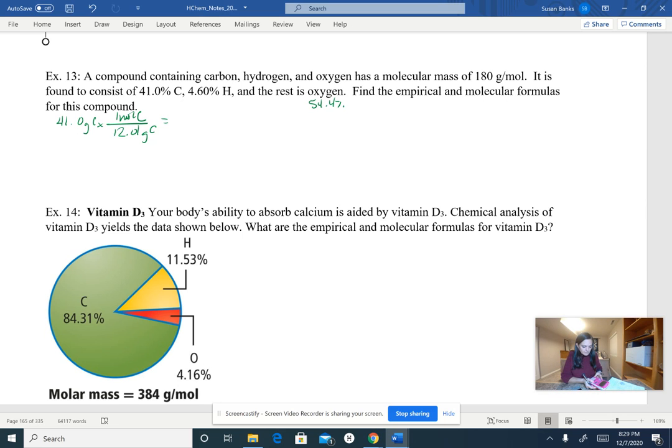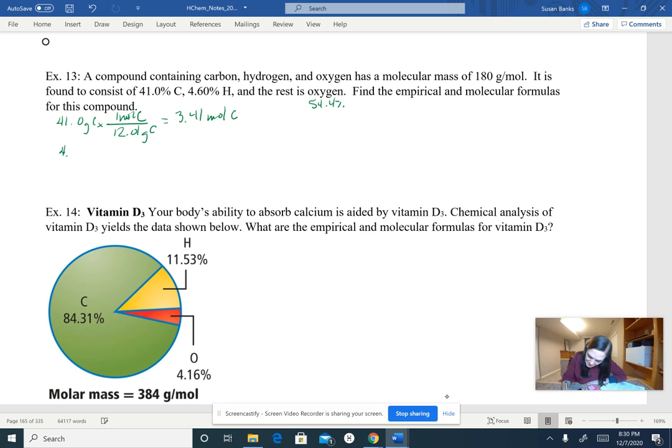So 41 divided by 12.01 gives me 3.41 moles of carbon.